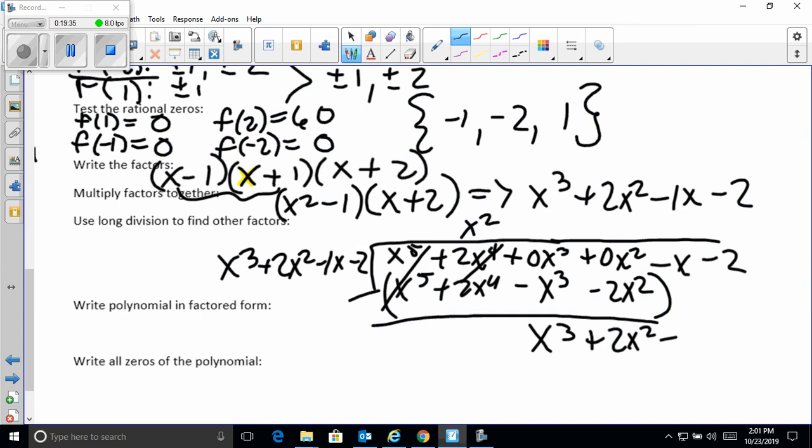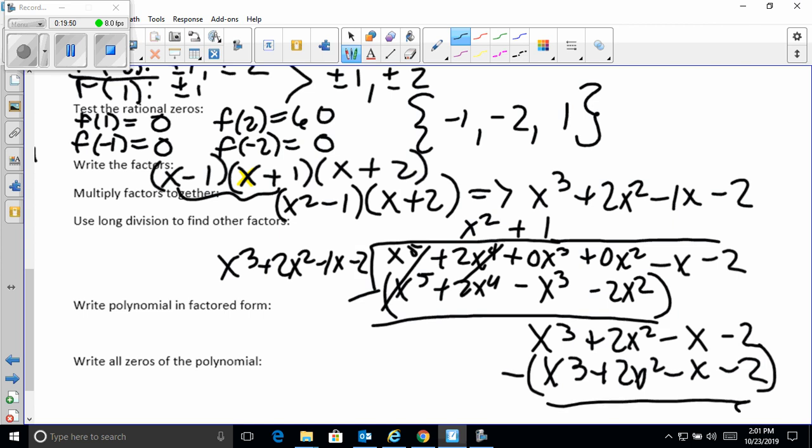Then I need to bring down the rest, because I have 4 to divide by. So then when I divide, that's going to be plus 1. And when I subtract these, everything cancels, and that's 0. So that's my other factor, x squared plus 1.